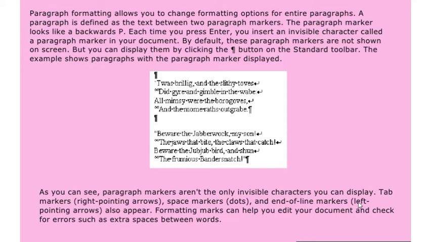Tab marker, that is a right pointing arrow, space marker, that is a dot, and end of line marker, that is a left pointing arrow, also appear. Formatting markers can help you edit your document and check for errors such as extra space between words.